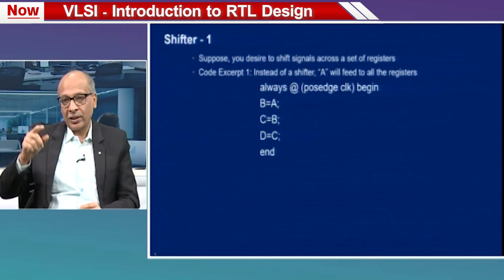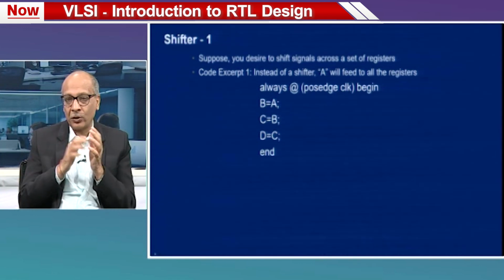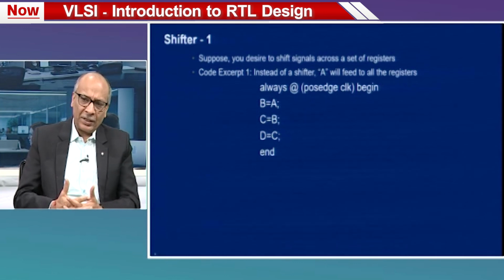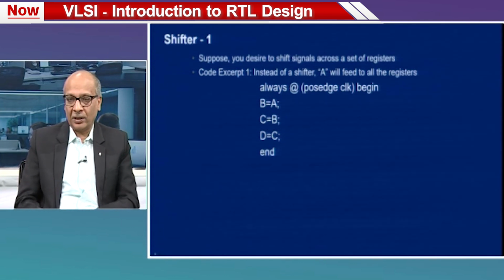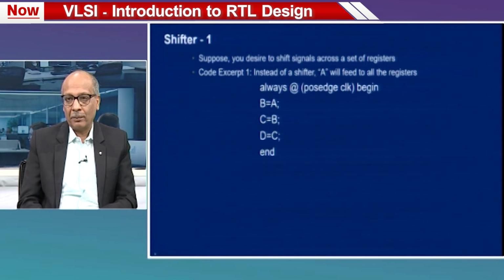This code says that the value of A will go to B, the value of B will go to C, and the value of C will go to D. So it looks like a shifter, that each value is going to the next register, right. But in reality it is not a shifter. In reality the value of A is going into B and C and D. It may not be very apparent to somebody who is not a very experienced Verilog designer.